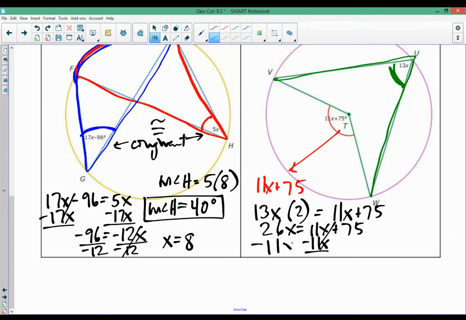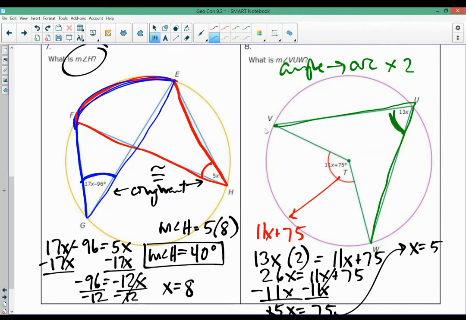I'm going to solve this equation. 15x equals 75. Divide both sides by 15. You get 5. And then we want to check what we're looking for, the measure of angle VUW.